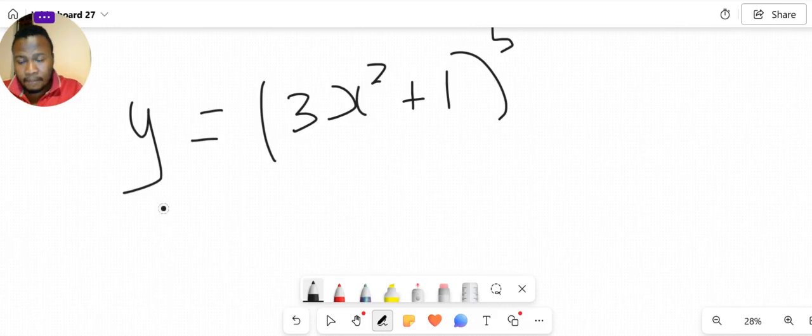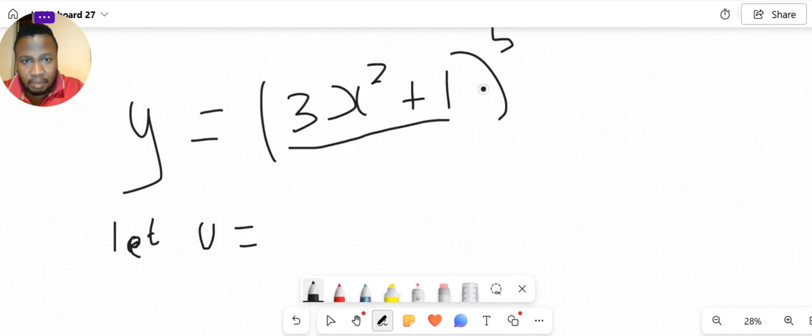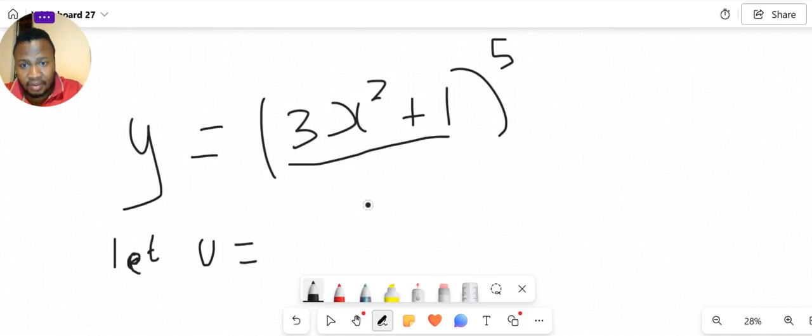What do I mean? You can't really derive a function like that by just looking at it. So you will say let u be the inner function, which is what? This is the inner part, since you have 5 outside.